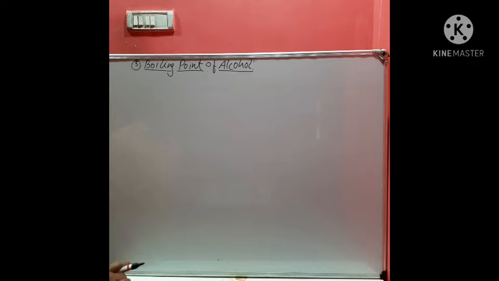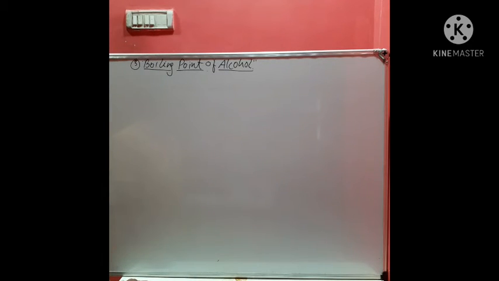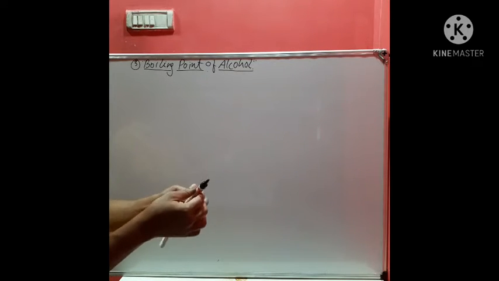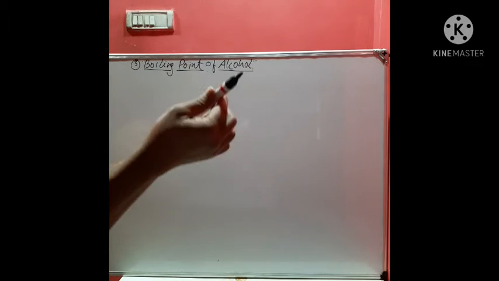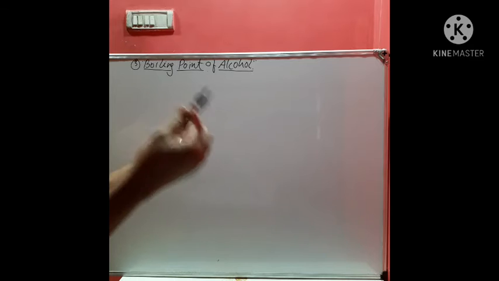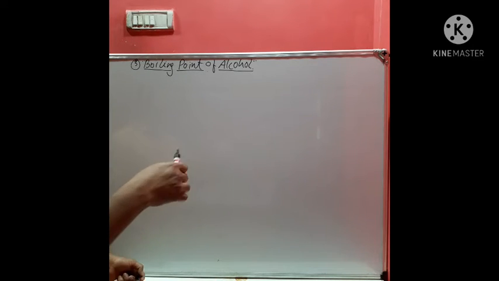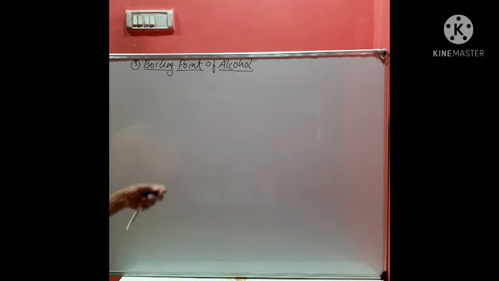Student, at the boiling temperature, actually the force of attraction between two or more molecules which existed earlier breaks down on increasing the temperature, and therefore each molecule becomes a discrete molecule, that is, becomes isolated, and being isolated, now they convert into vapor. So this is known as what?